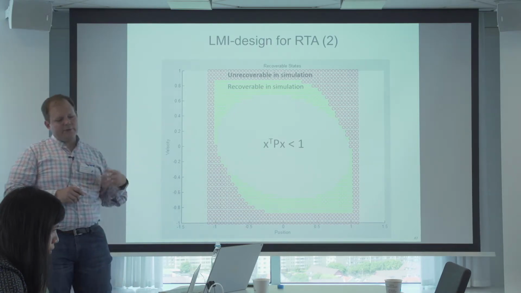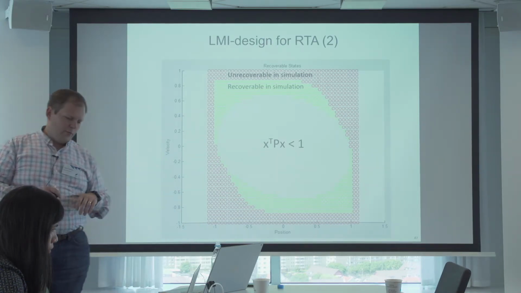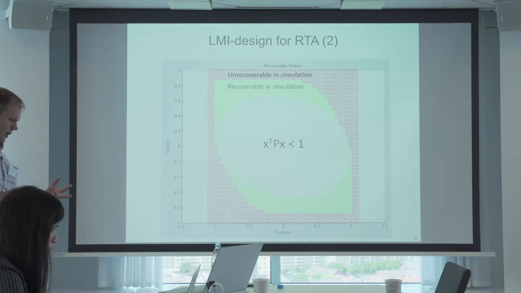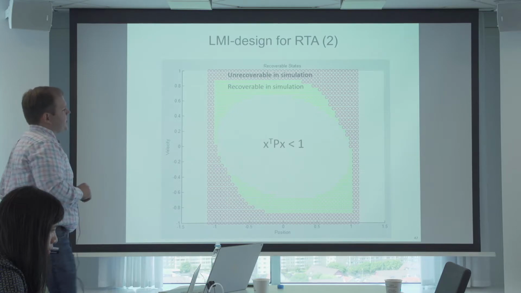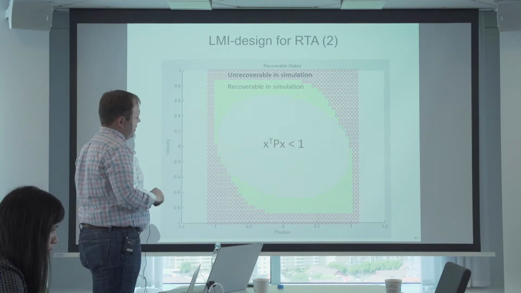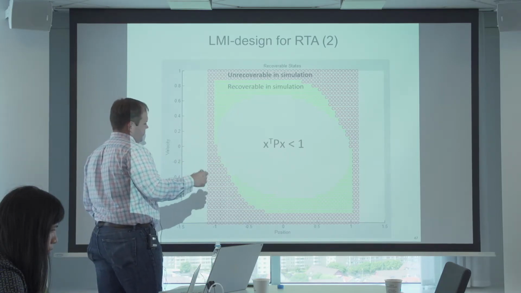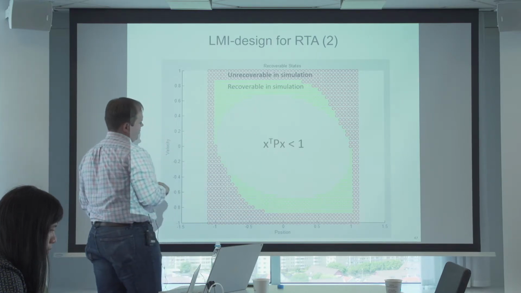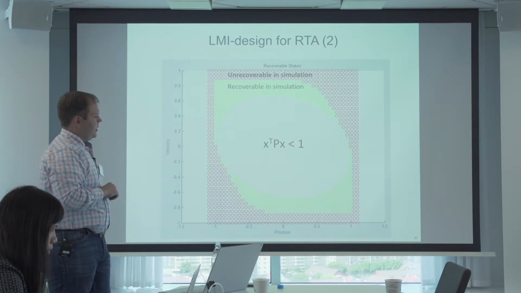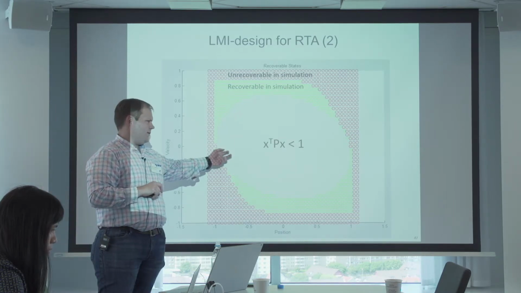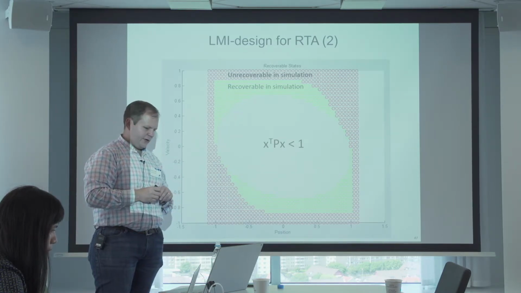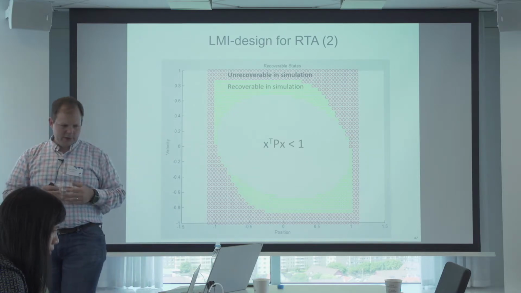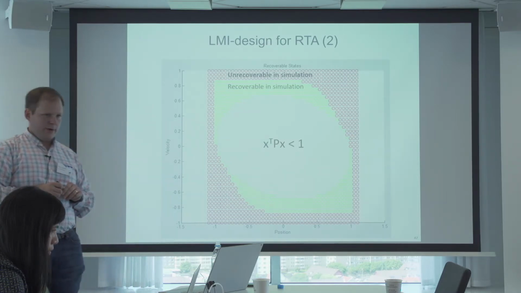At least by doing some simulation-based analysis, we were still able to recover if whatever the complex controller had done over one time period required us to switch over to the safety controller. So really, we could have used the complex controller anywhere in the green region. But with this type of offline analysis of coming up with a Lyapunov function, we'd only be able to use it within this region.